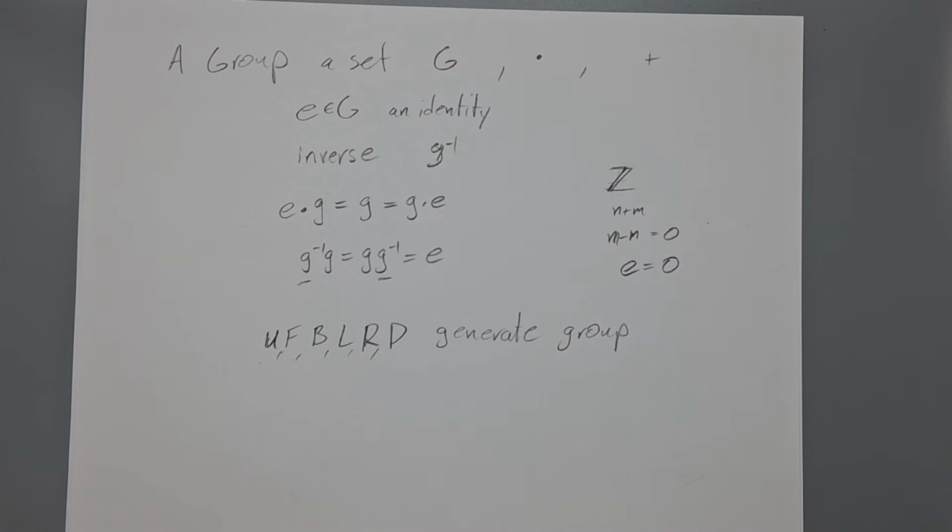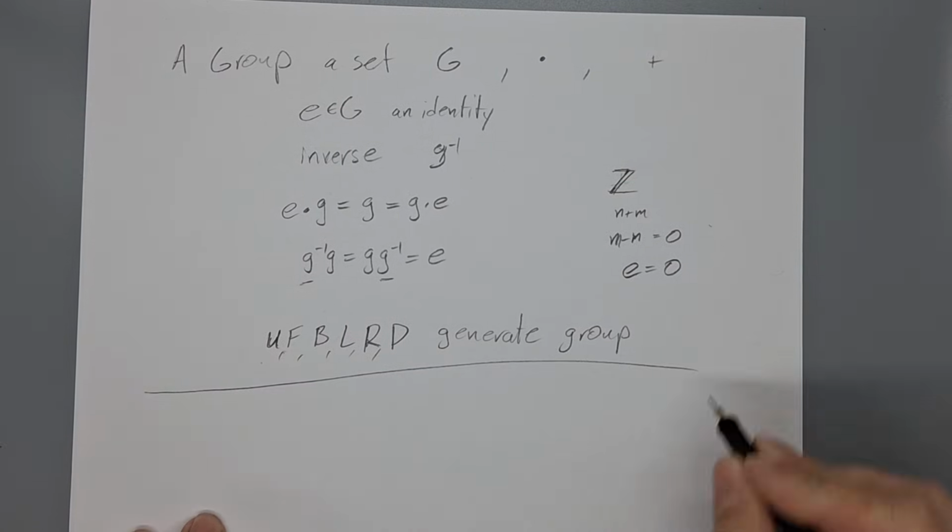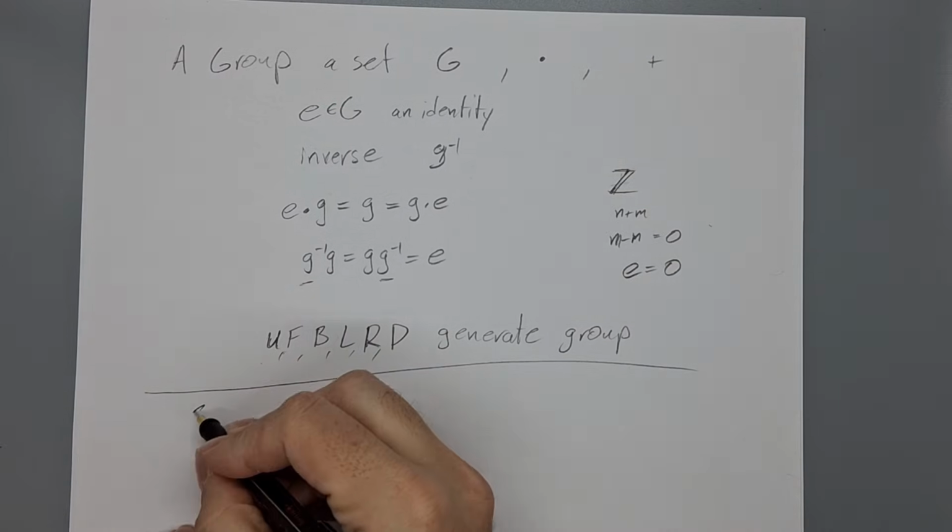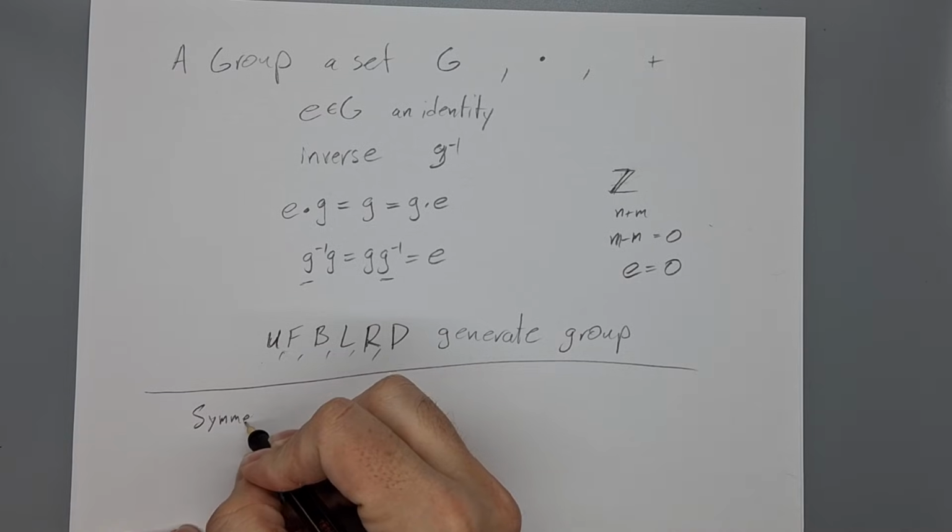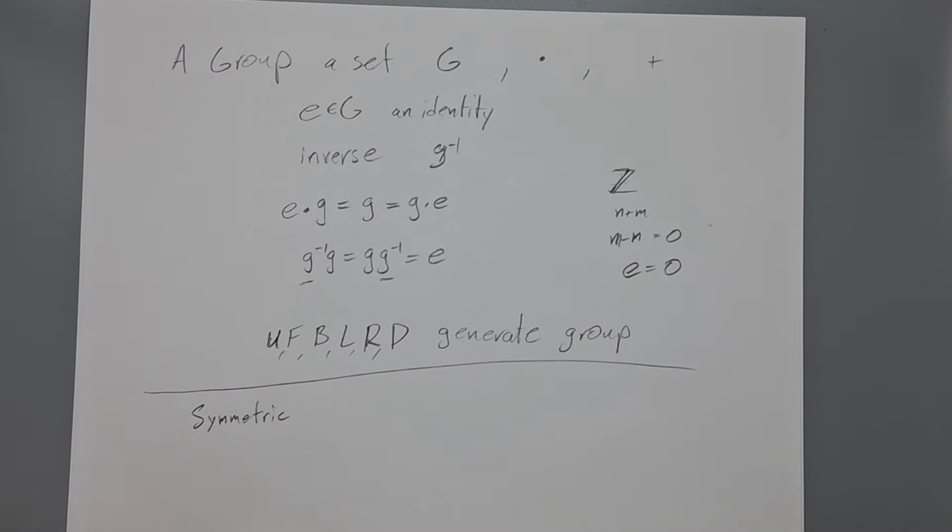So an important group that we need to talk about is the symmetric group. The symmetric group is a really basic group. It's kind of like the biggest group that you can have on a certain number of things.